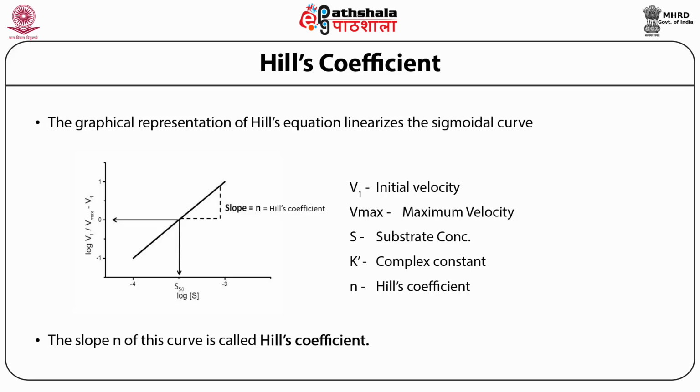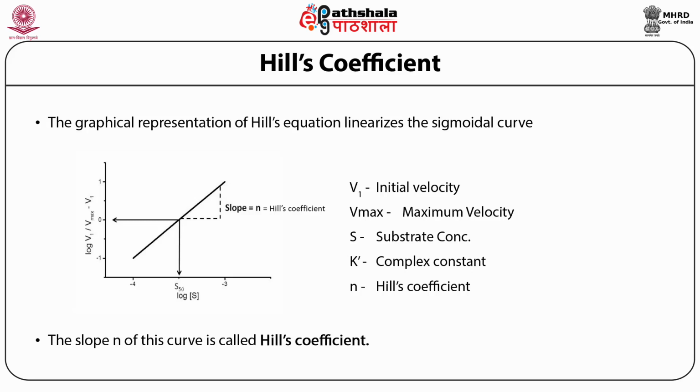So this substrate concentration S50 is also generally calculated for hemoglobin and oxygen binding. There it is called pressure 50, I mean the oxygen pressure, 50% oxygen pressure at which the saturation of hemoglobin is calculated. So in terms of hemoglobin, it is called P50.